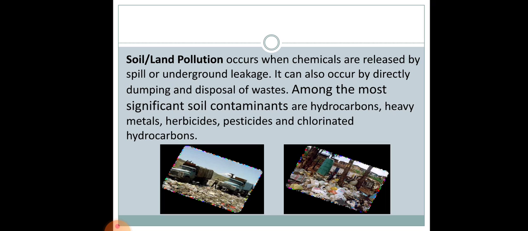Now coming to soil pollution or land pollution, it is the contamination of the soil or the land that prevents the growth of natural life, and it includes land for cultivating, wildlife, and other habitation land.